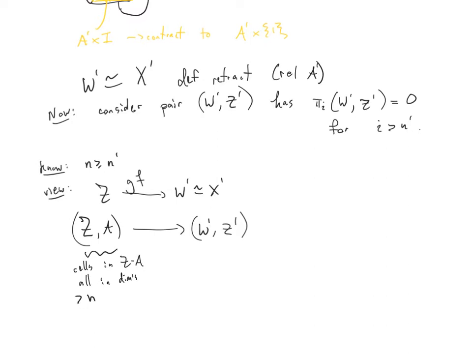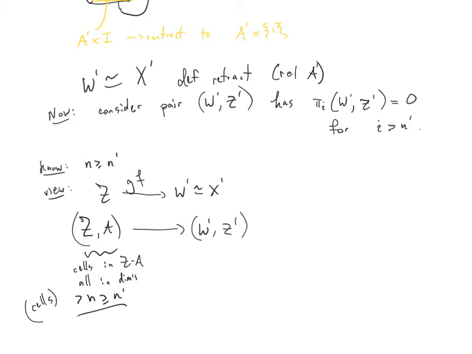And n is bigger than or equal to n prime, and that's what we want. So all cell dimensions live in strictly higher dimensions than n prime. And so those maps are mapping into groups which are 0.